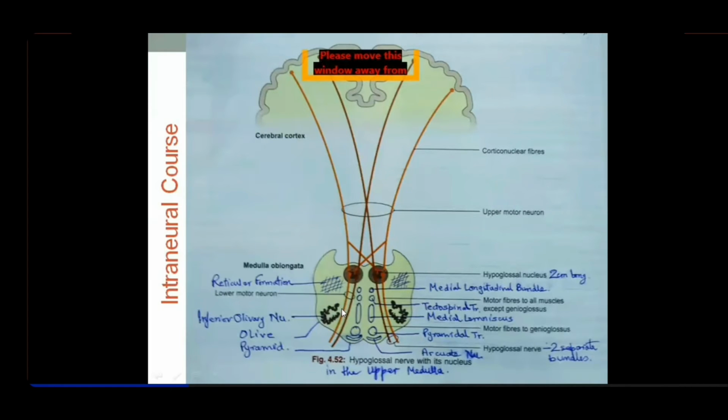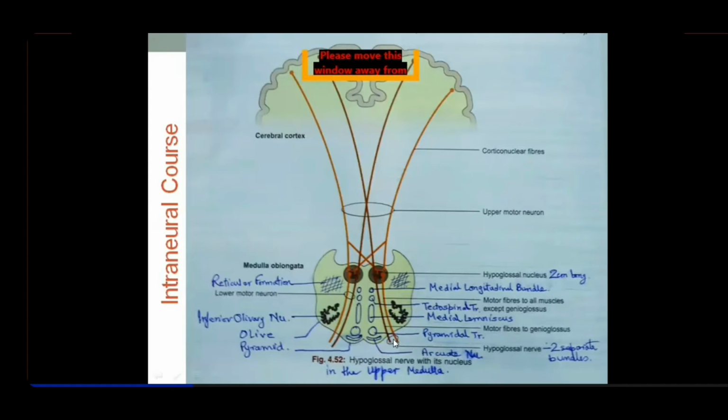The nerve runs medial to the structures lying lateral to its intraneural course. First of all, you find the reticular formation, which I told you is found along the entire length of the brainstem, medulla, pons, and midbrain. This is the reticular formation, and the inferior olivary nucleus is in lateral relation to the intraneural course of the hypoglossal nerve.